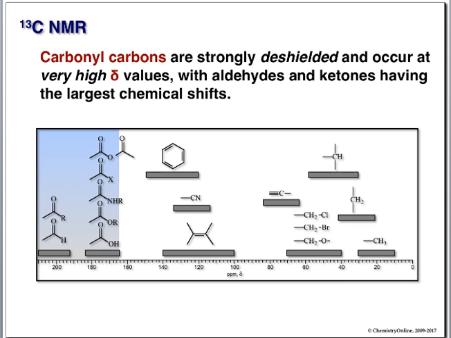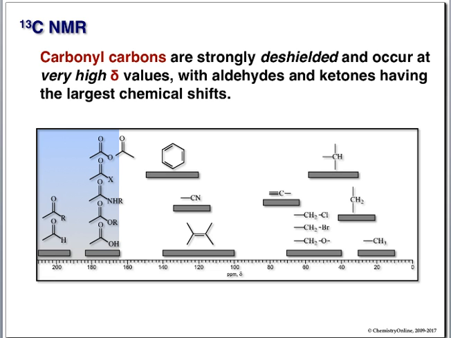The rest of the carbonyl groups, the acyl groups, carboxylic acid, ester, amide, acyl halide, and anhydride, these guys all come typically around 170 something. So it's very easy if you have a carbonyl in your compound, you can classify it as ketone, aldehyde, or acyl very quickly, just by its chemical shift.